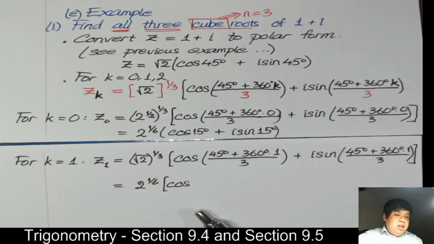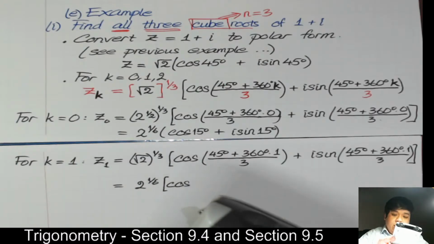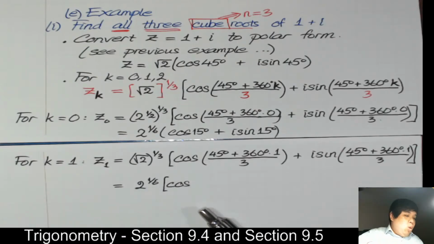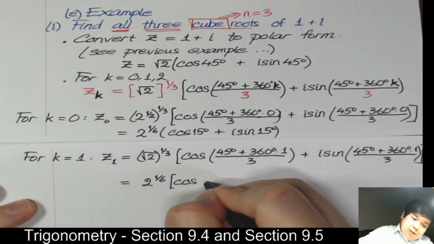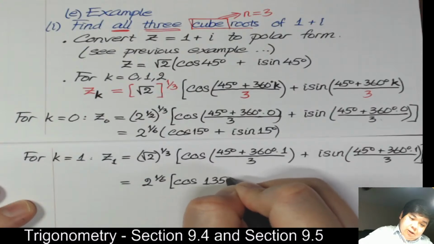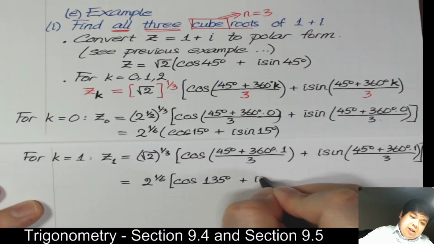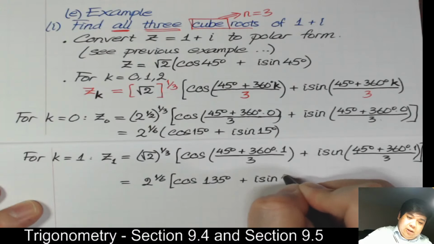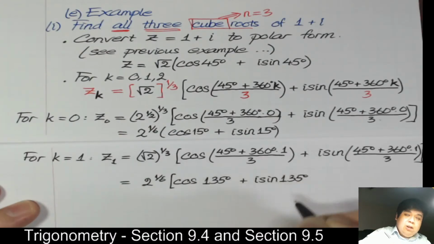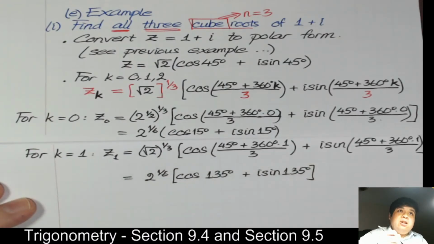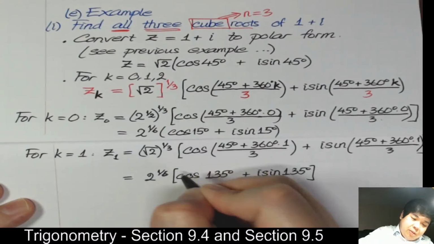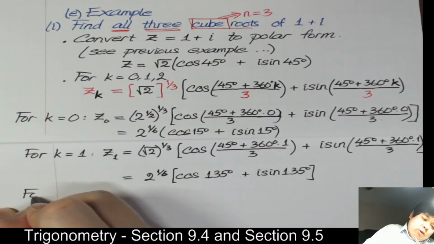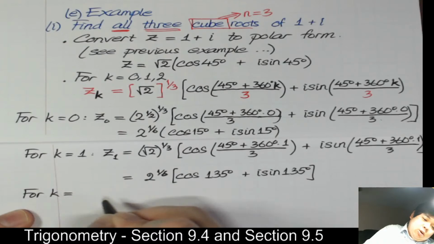45 plus 360 divided by 3, that's 135 degrees. So that is another answer. And then we need one more for k equal to 2.